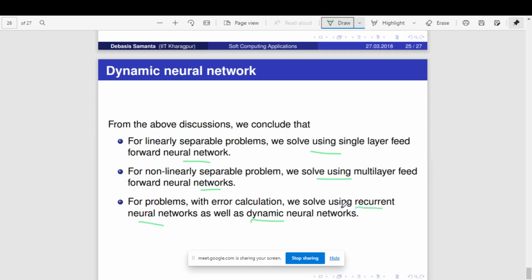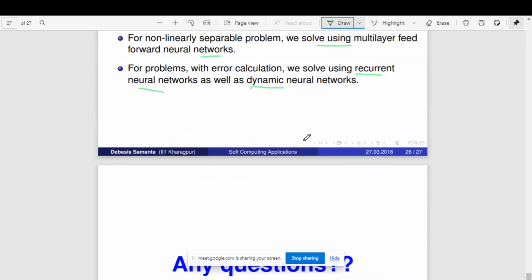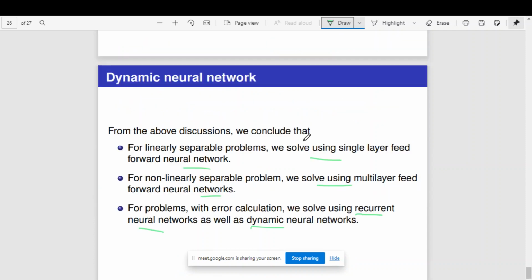Recurrent neural networks come under the category of dynamic neural networks because there is a feedback. Wherever there is a feedback, that is actually a dynamic neural network. So this is about neural network architecture.